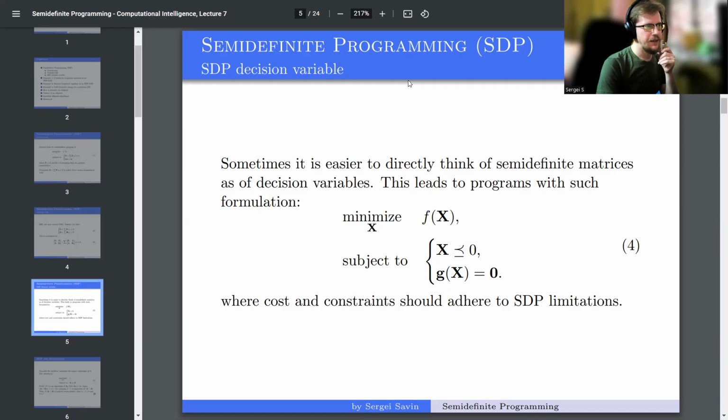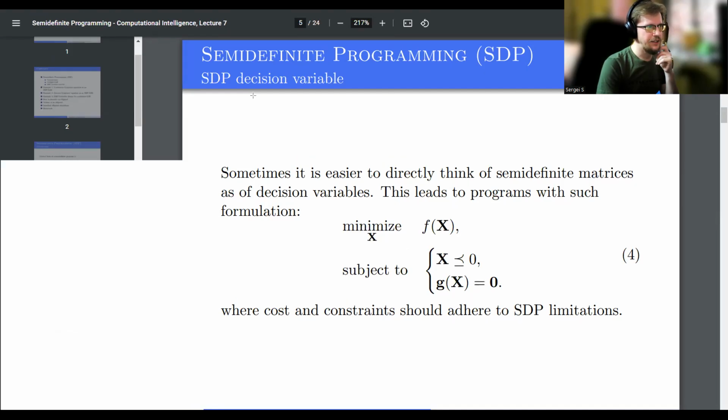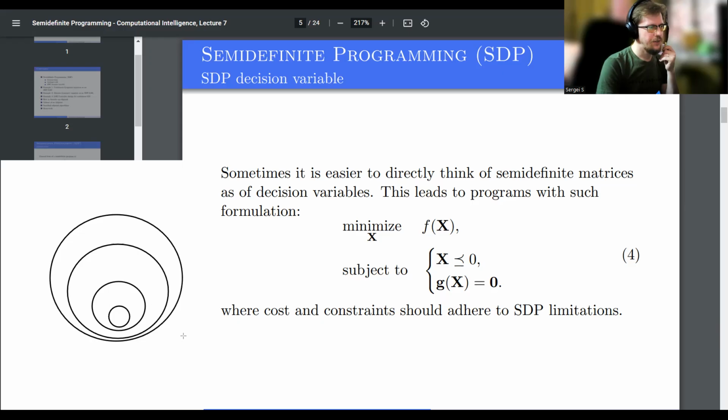We'll justify this claim later, but for now, I'll just mention that if you have, let's say, least squares of LP here, you can have a bigger circle that is QPs. You can have yet a bigger circle. This would be QCQP, SOCP, and finally, this would be SDP.